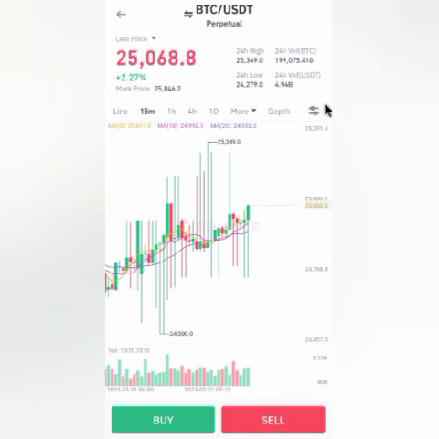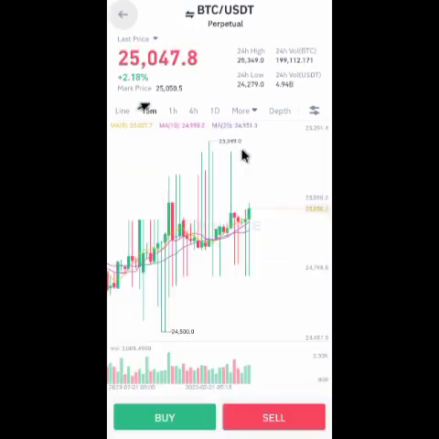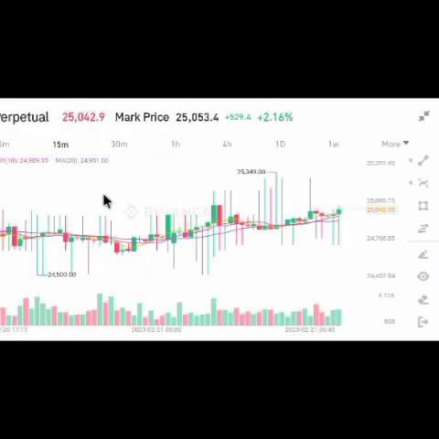So you can see here on the top where the mouse pointer is pointing to, you click there and you see drawings, indicators, and more. So you go to drawing. When I go to drawing, I'm going to draw some patterns here so as to know that at this point, if I trade with buy, I'll make profit. If I trade with sell or short, I'll make profit.